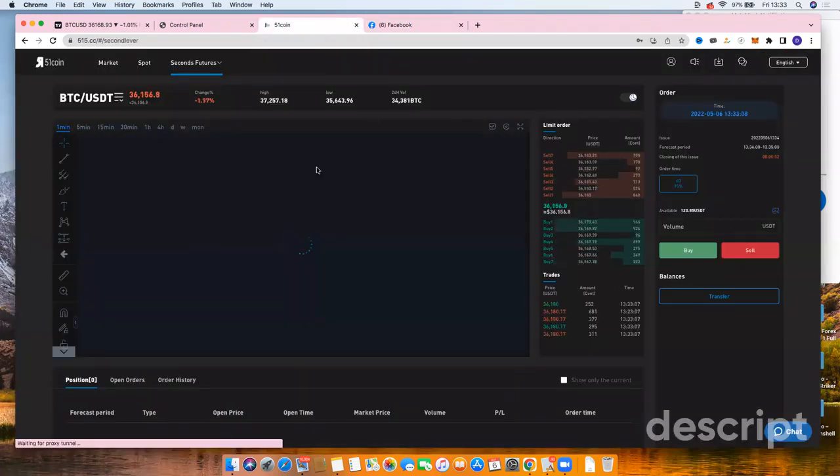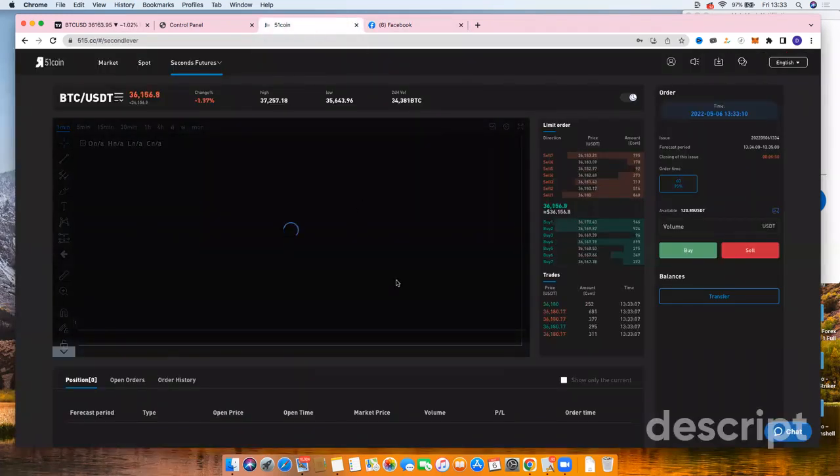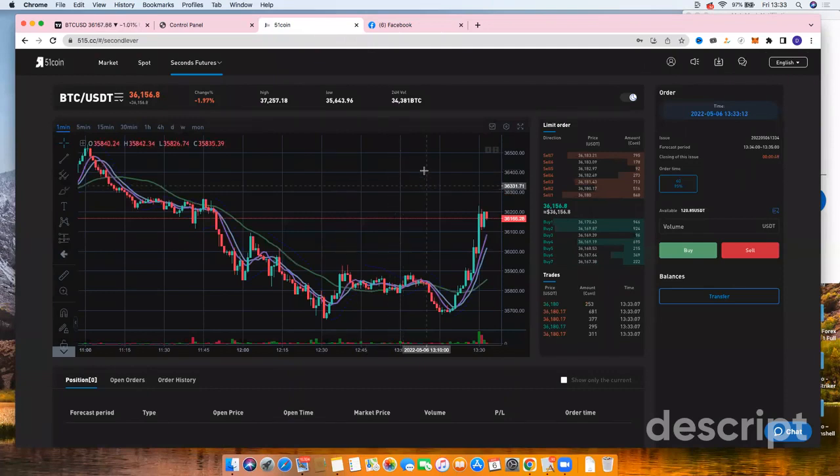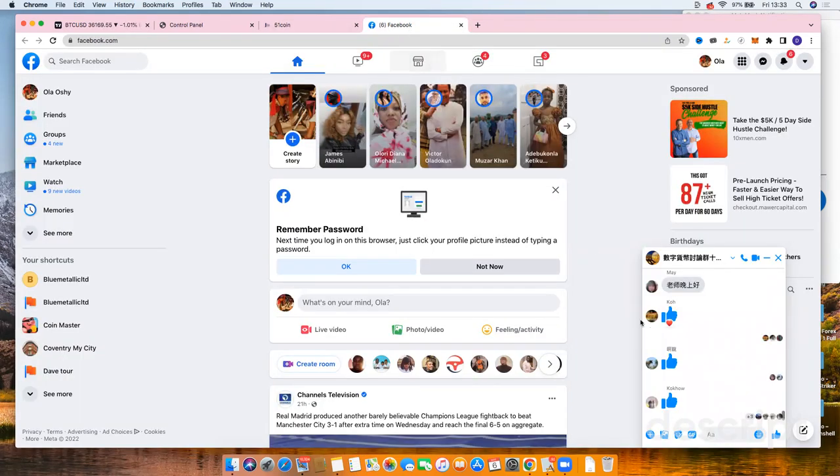You can see I'm logged into my 51 coin as well. I'm ready to take my trades. At the same time, for the purpose of this training, I'm logged into my Facebook account on my phone as well. I'm only logged onto my desktop Facebook so you guys can see how the trade is being taken.